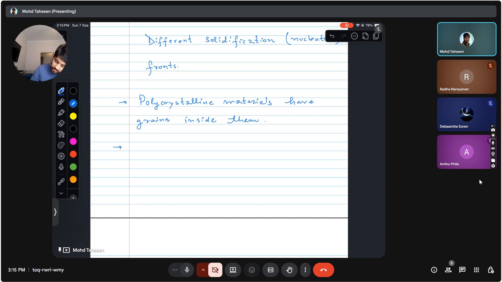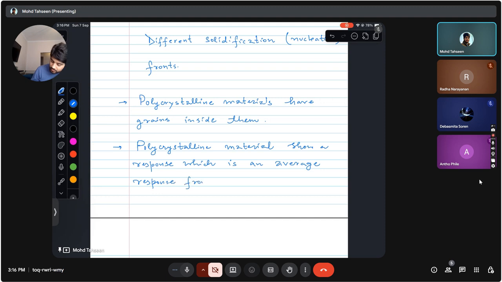The second point is polycrystalline materials show a response which is an average from the constituent grains.